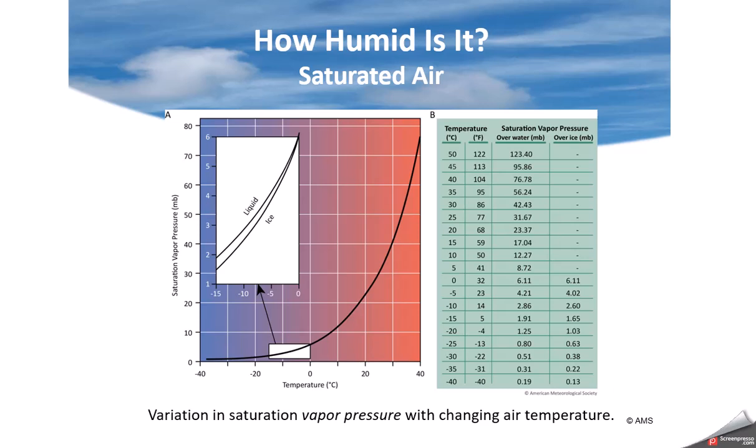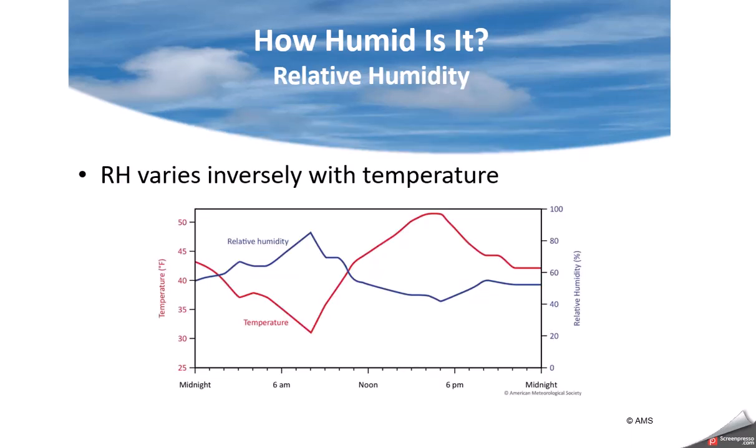Another key point, kind of interesting, is that saturation vapor pressure is higher when we have liquid, in other words, when we have supercooled water droplets in the atmosphere. So if we have that, the vapor pressure is higher around those water droplets and lower over ice crystals. That's going to become important here in a little bit.